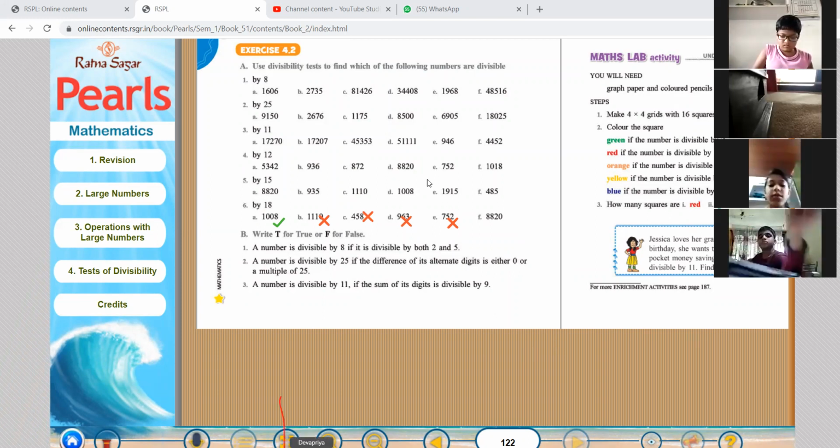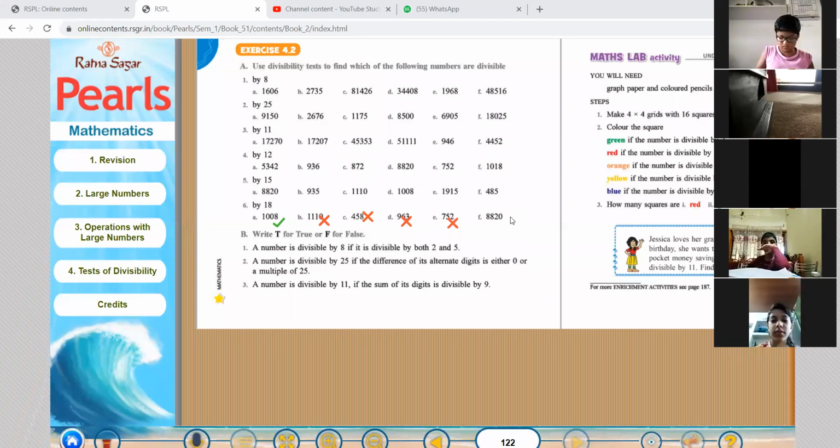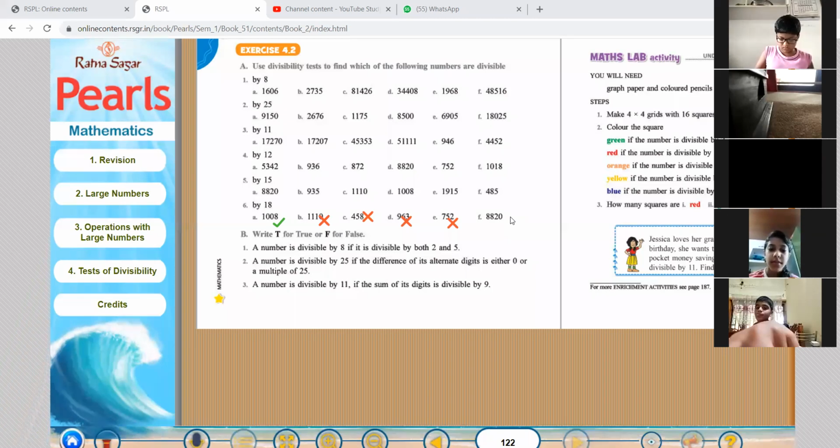Also, the last number is 8,820. What about 8,820? Is it divisible by 2? Yes, here our last digit is 0. Hence, we can say that it is divisible by 2.